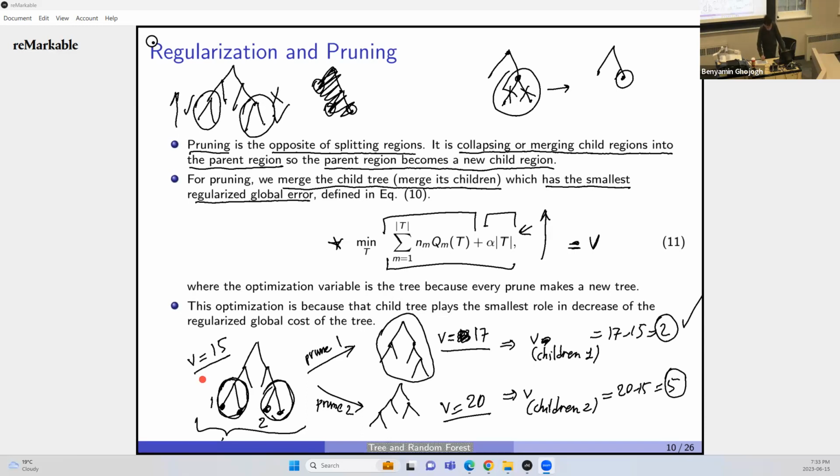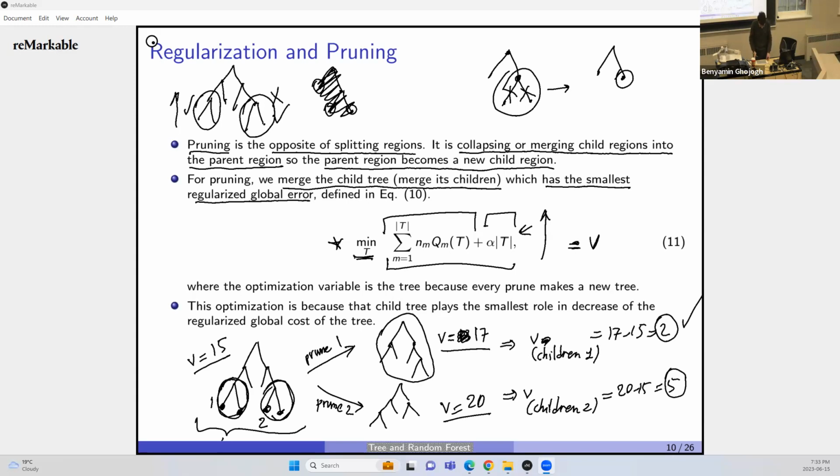V was 15. After pruning, it became 17. Why? Because if we grow, the error goes down, and pruning is the opposite of growing. So if we prune, the global error should go up. But how much does it go up? I want it to go up the least amount. Therefore, I minimize. Agree? Okay. It needs a bit of thinking.